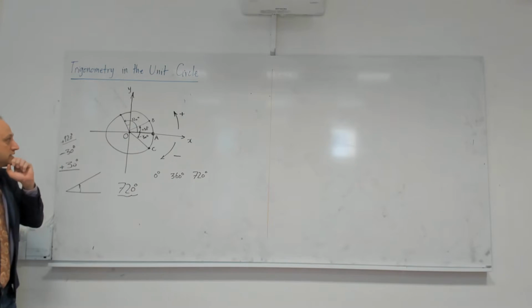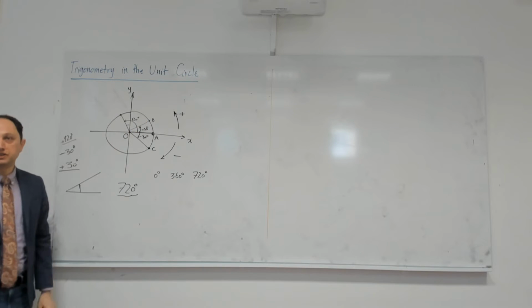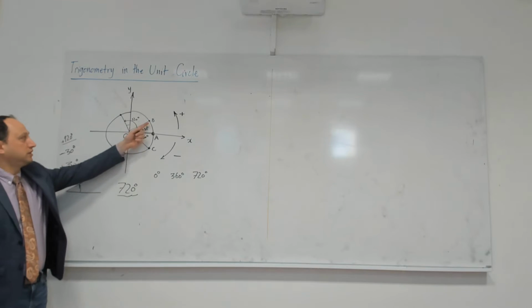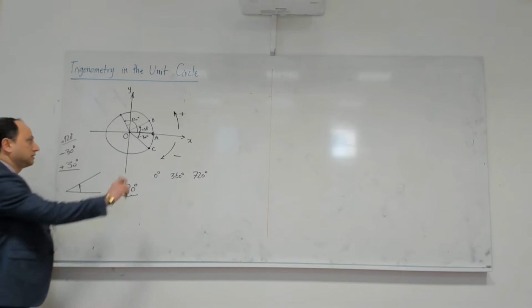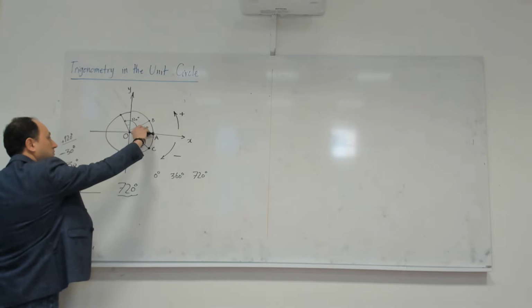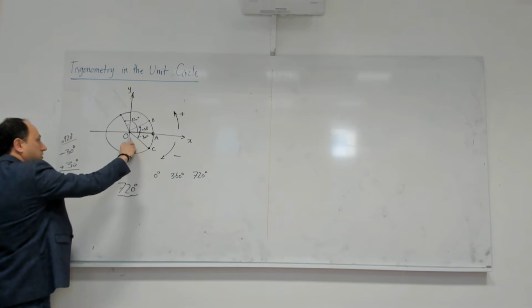For example, can you give me another angle whose final point is B? One of them is 30 degrees, but what is another one? Minus 330, yes, that's right. You start from here and rotate in the negative direction.